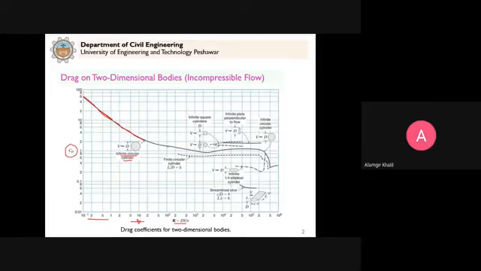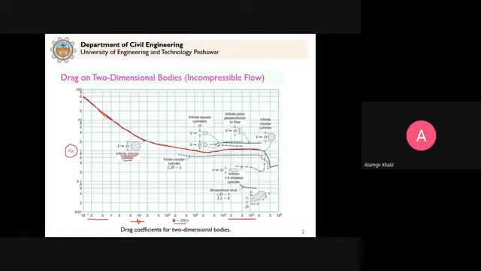After a certain Reynolds number, this curve becomes horizontal, which means that for this range of Reynolds number the drag coefficient is almost constant.